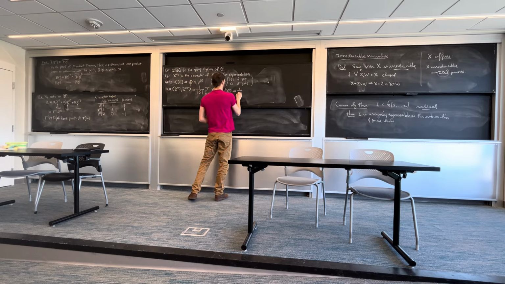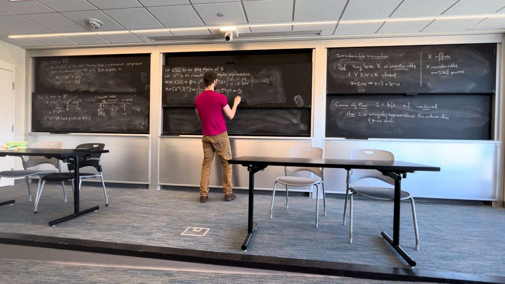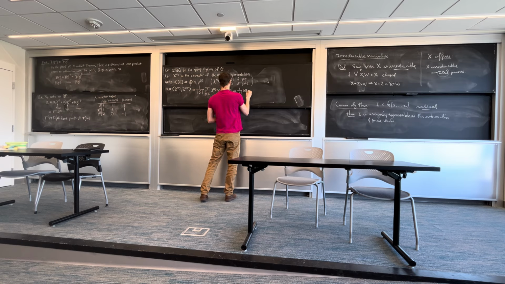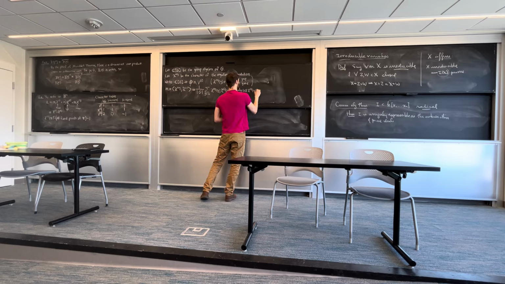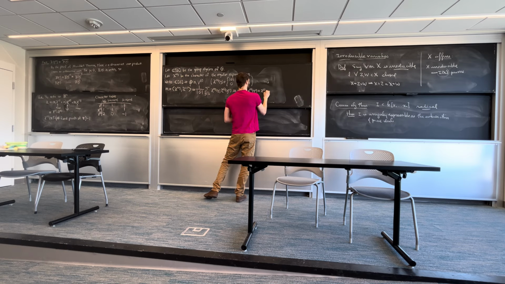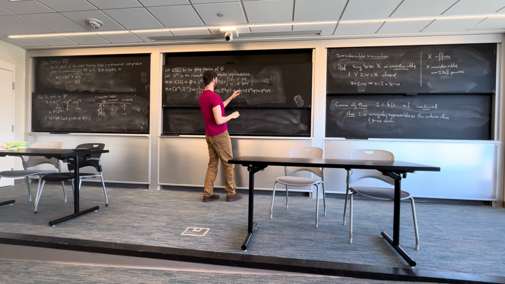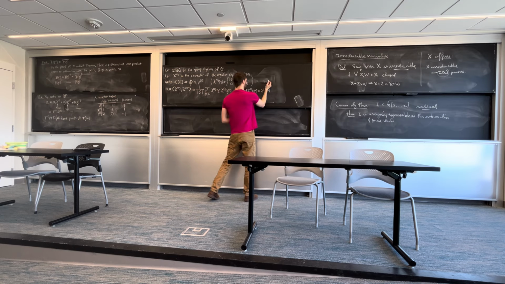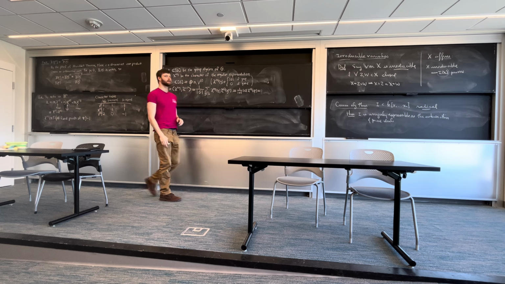So I get 1 over the size of G times the size of G times chi_i of g inverse. Oh wait, sorry, this should be the identity, because it's the term where this is the identity. Okay, so this just becomes chi_i of the identity.